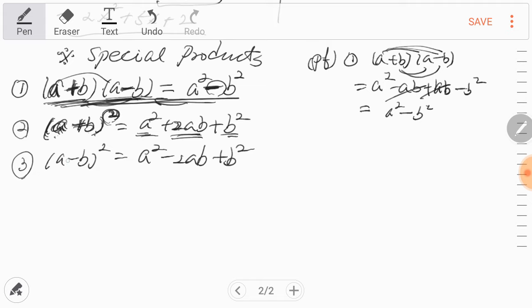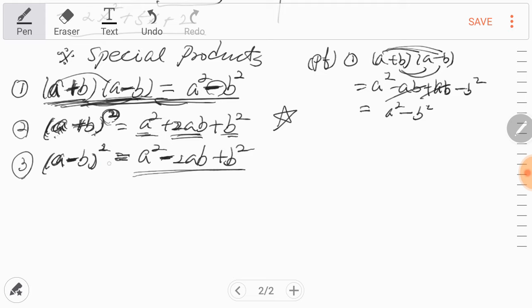If the binomial is minus, so a minus b squared, then it is the same as a plus b squared, and the difference is the second term. So a squared minus 2ab plus b squared.